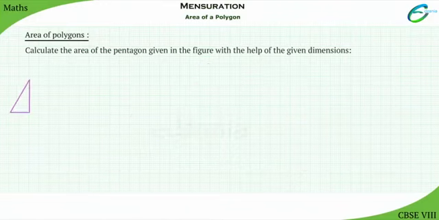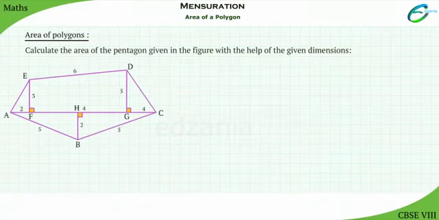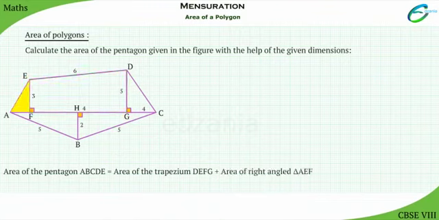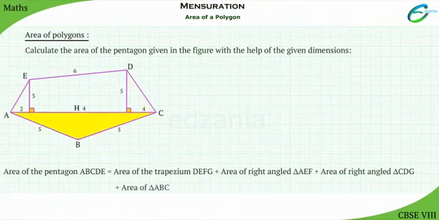Let's now calculate the area of the pentagon given in the figure with the help of the given dimensions. Here, the area of the pentagon ABCDE is equal to the area of the trapezium DEFG plus the area of right angle triangle AEF plus the area of right angle triangle CDG plus the area of triangle ABC.